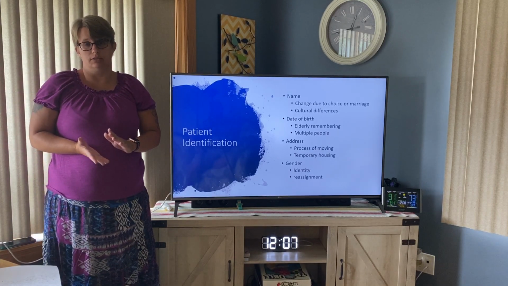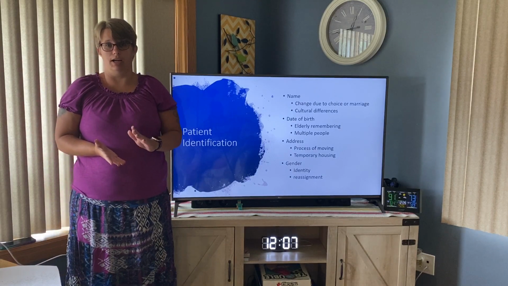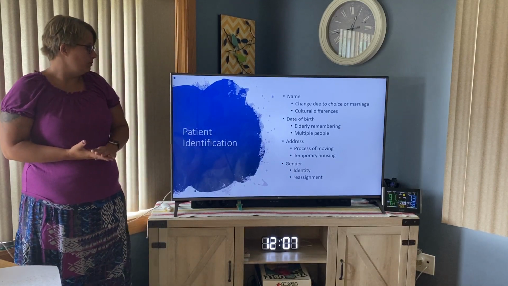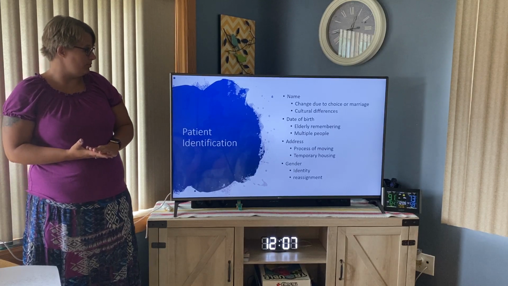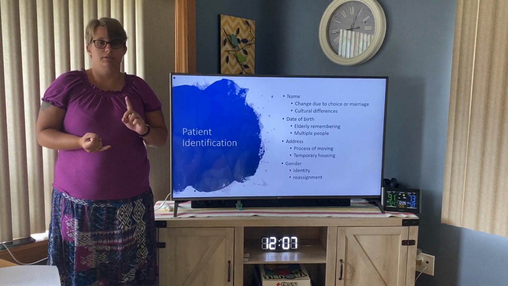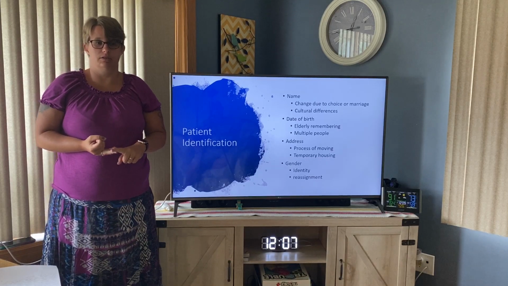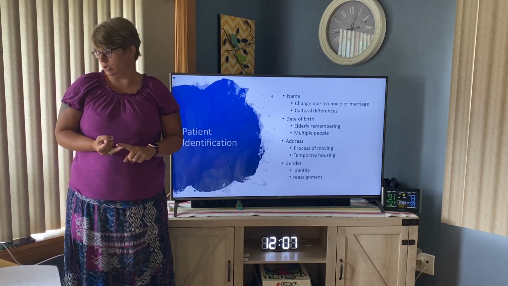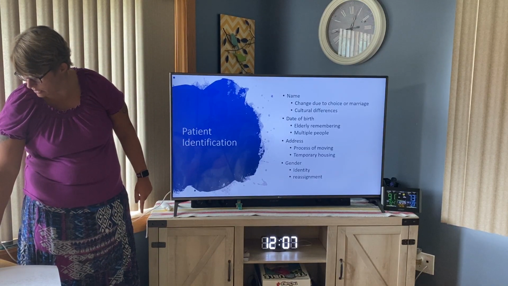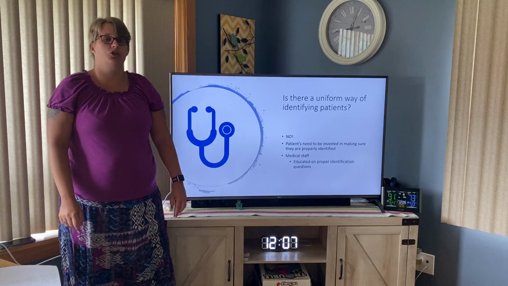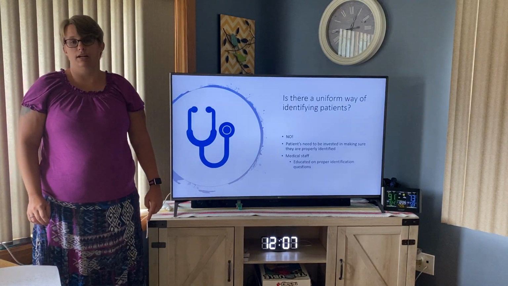Address, people move a lot, so they don't always know which address to be giving when they are being seen. And then gender also nowadays poses a problem because of how people identify and the various gender reassignments that go along with that. And unfortunately, there is no uniform way of identifying patients.